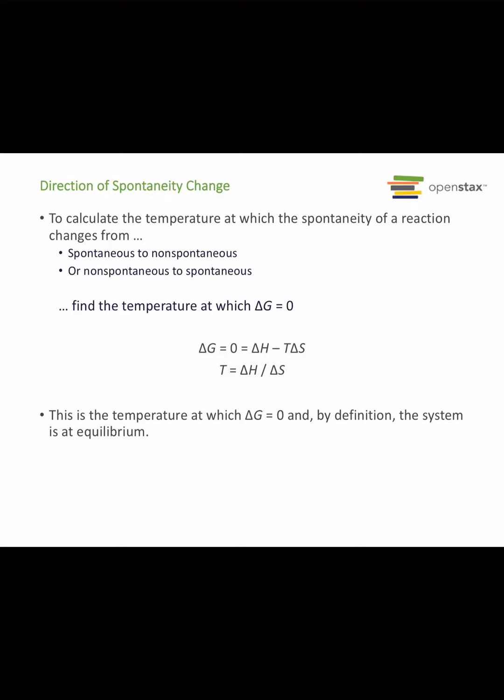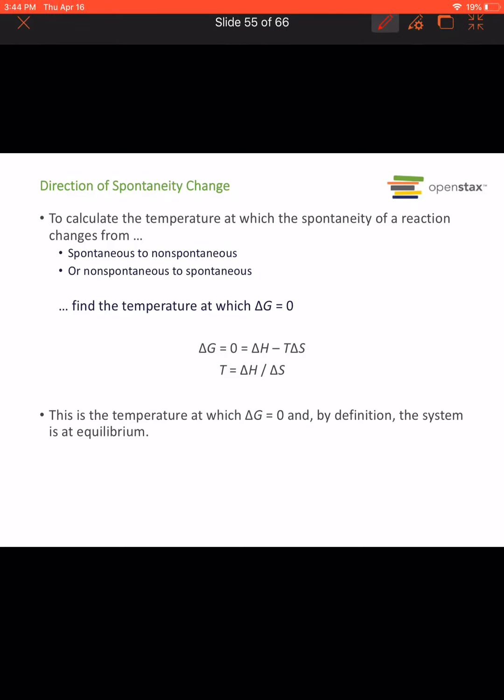Alright, so let's just say now for those last two columns where the signs of both H and S are the same, we wanted to figure out at what temperature this reaction is spontaneous or non-spontaneous. The way we figure this out is we have to set our delta G to 0. So we have our reaction, so G is equal to H minus TS, right?